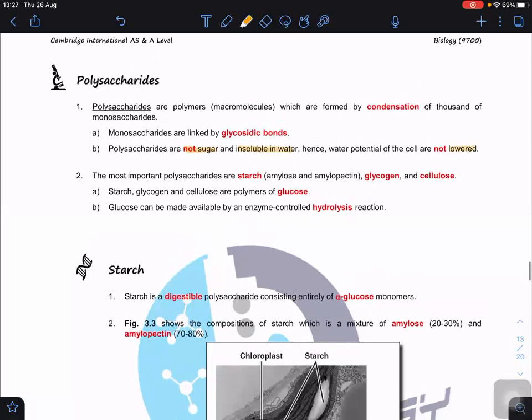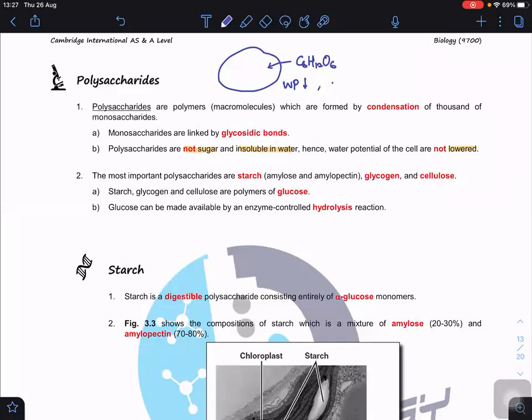So try to imagine that this is our cell. When we absorb glucose, glucose is water soluble. When it is water soluble, it enters into our liver cell, for example. If we store it as glucose, the accumulation of glucose will lower the water potential. We learned about this, right? The presence of solutes lowers the water potential. So when you lower the water potential, what will happen next?